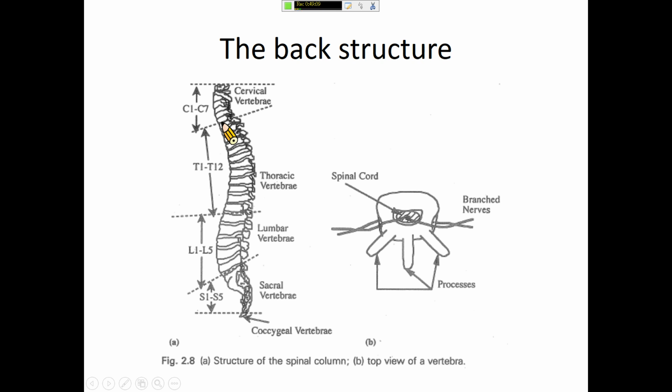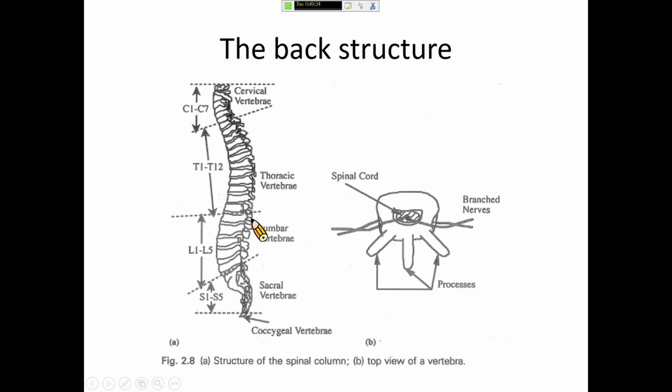That's the joint between C7 bone and T1 bone. Clinically, there are a lot of problems here because of movement. Actually, the most movable is here. Sorry, here. This one is not movable.